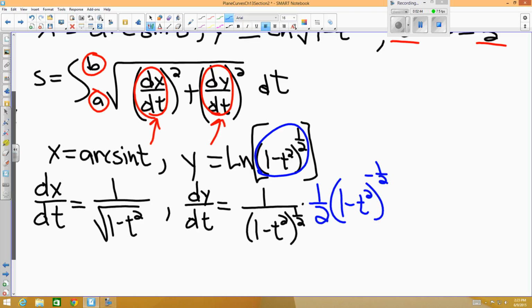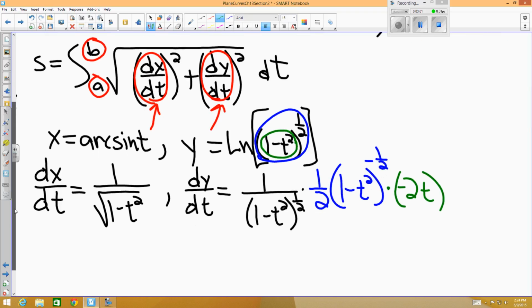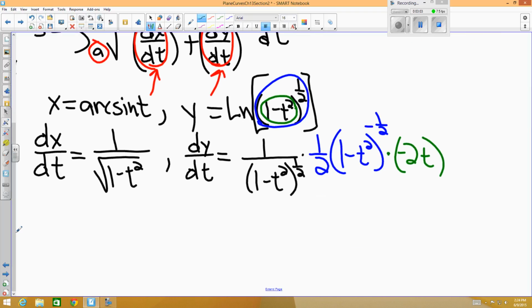Now the chain rule applies again, and we multiply by the derivative of the inside of that. The derivative of 1 minus t squared is negative 2t. So this derivative is a little bit nastier than the derivative of x with respect to t, but it's okay. For dy/dt, we do a little bit of simplifying just for convenience here.